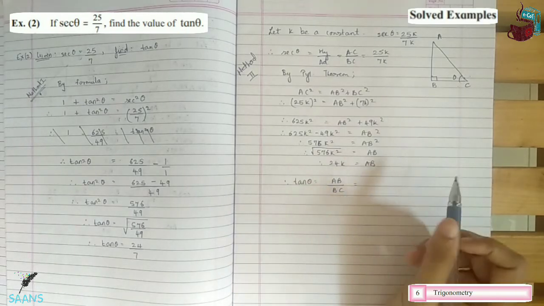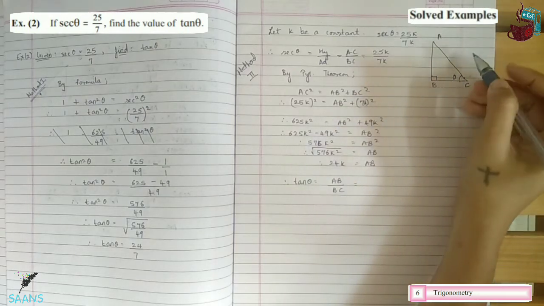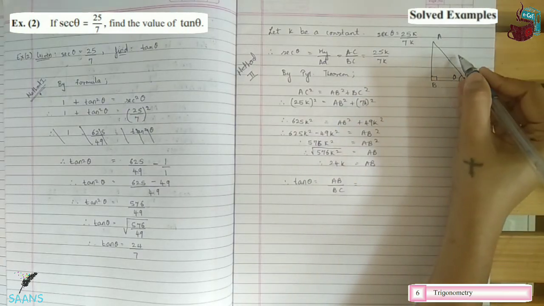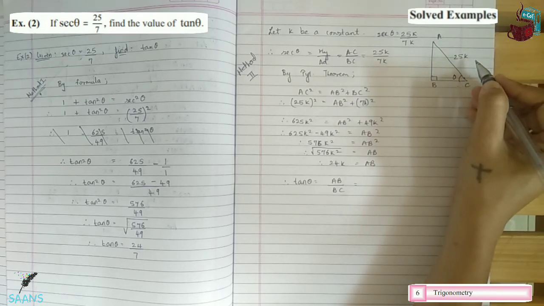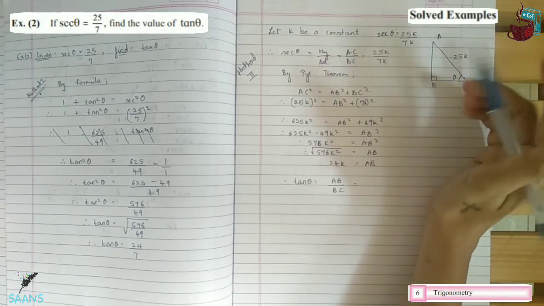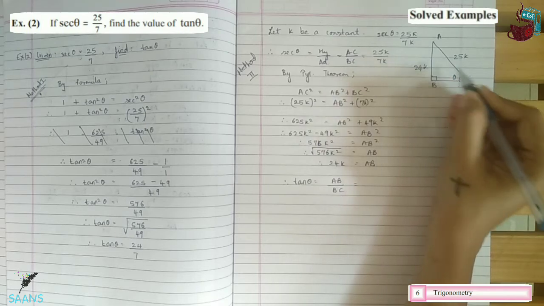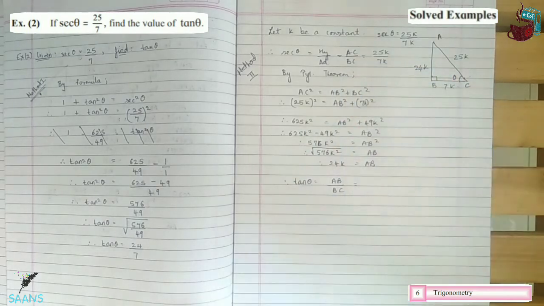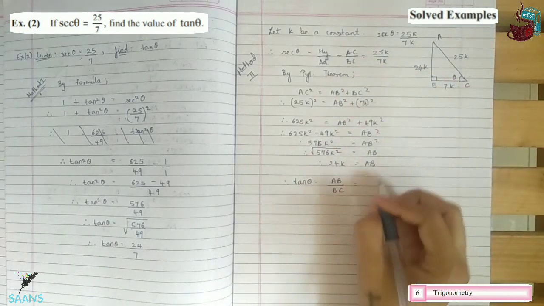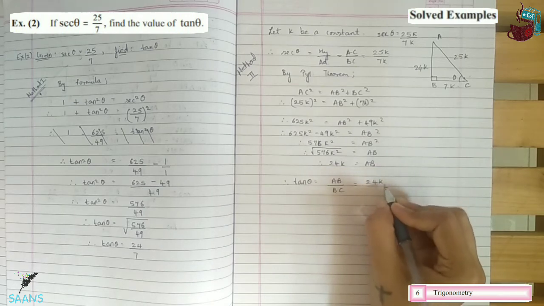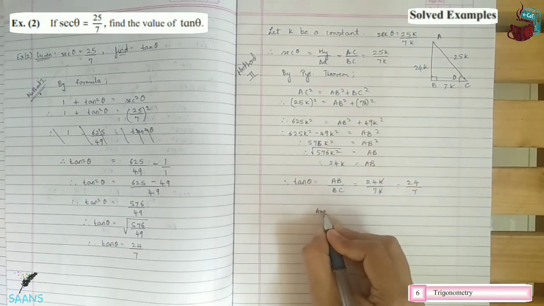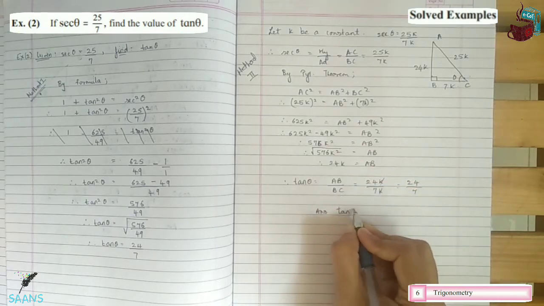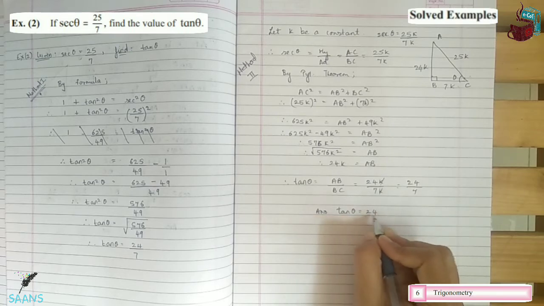One second, let me see. Here hypotenuse AC is 25k, AB we found to be 24k and this is 7k. So tan theta is 24k upon 7k, k cancels, therefore 24 by 7. Therefore answer tan theta is equal to 24 by 7.